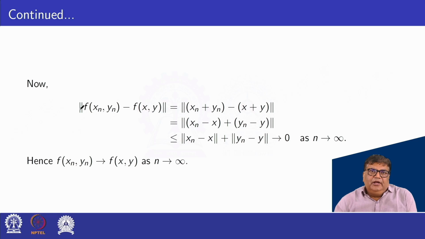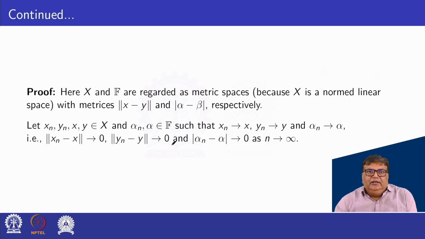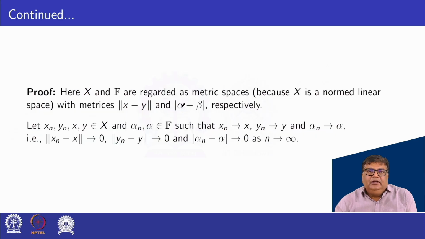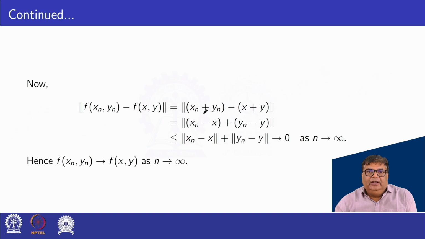Now f of xn, yn minus f of x, y equals the norm of xn plus yn minus x plus y, because here f of x, y is defined as x plus y, so f of xn, yn can be written as xn plus yn and f of x, y can be written as x plus y.